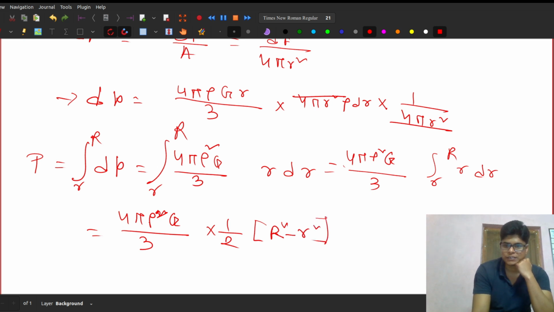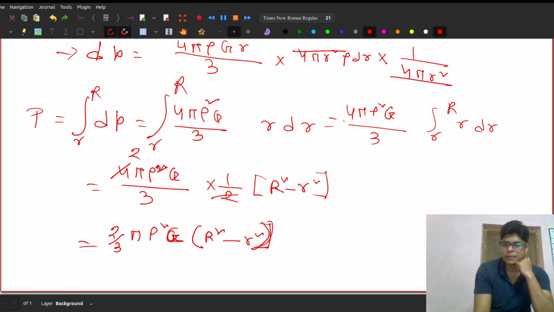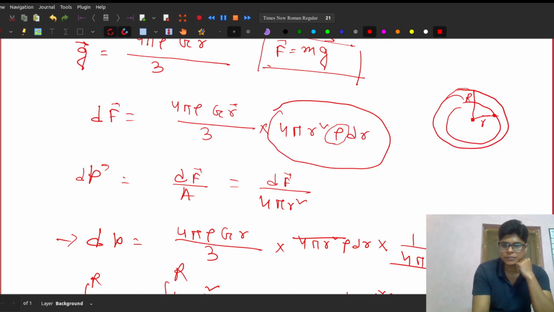So thus my answer would be 2 by 3 pi rho squared G (capital R squared minus small r squared). And do I have an answer? Do I have an option for this one?